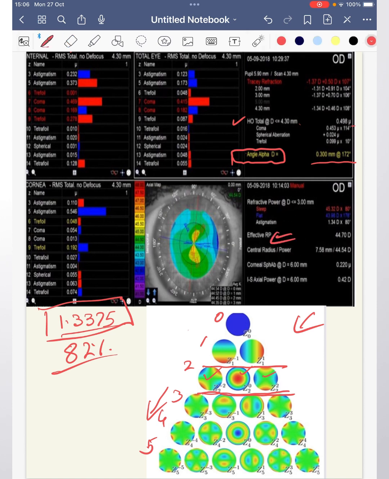Why? Because the effective real power is basically measuring the anterior cornea and the posterior cornea, taking into account the true refractive index of the cornea, which is 1.376, and the true refractive index of the aqueous. Why am I talking of the aqueous?